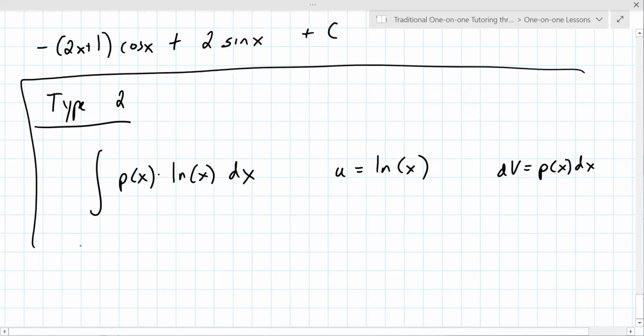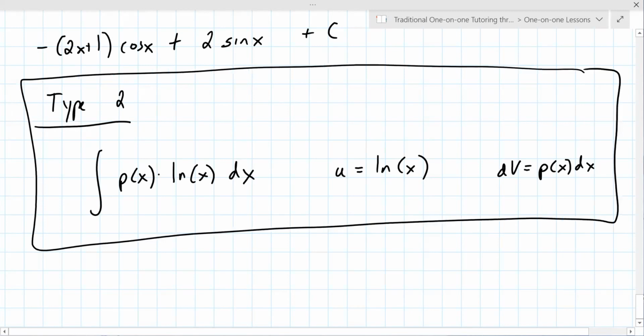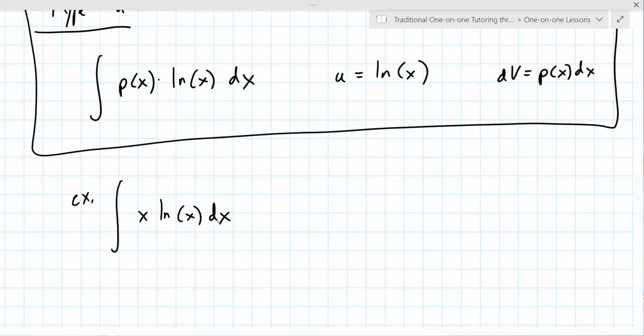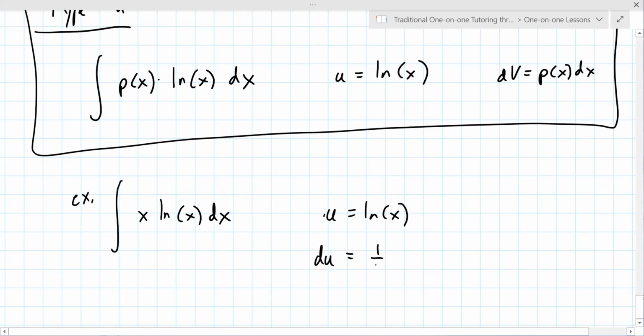So if you ever get this type, you do this. So here's an example problem to think about, or we can work out together, just a standard x natural log of x dx. Okay, so here the u is natural log of x, and the du is 1 over x dx.